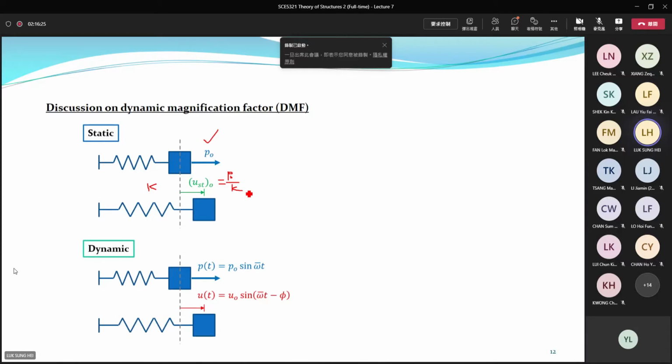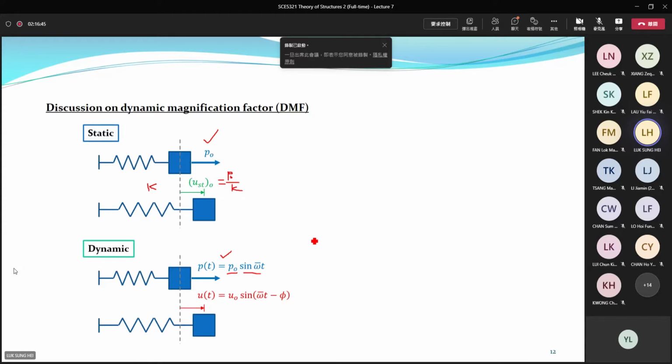For our dynamic problems, if the force is a dynamic loading, the amplitude is also equal to P0. But this time the force is not a static force. The force is a sinusoidal force, oscillating with a loading frequency, omega bar.